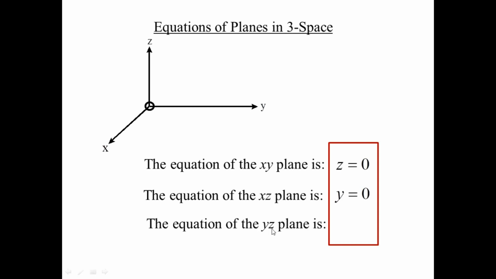The YZ plane. Well, YZ, it must be the front of the room right here. Here's a picture of the plane. It's a rectangle, but it's also a parallelogram that extends infinitely in all directions. So that's just the surface of the plane. And as long as x equals 0, we're on that plane.